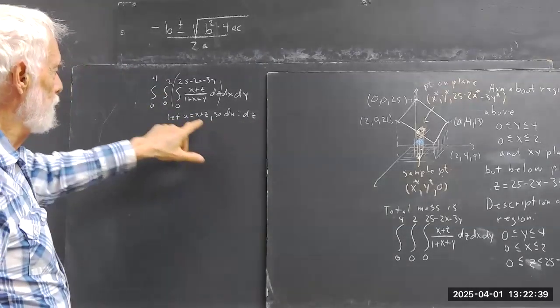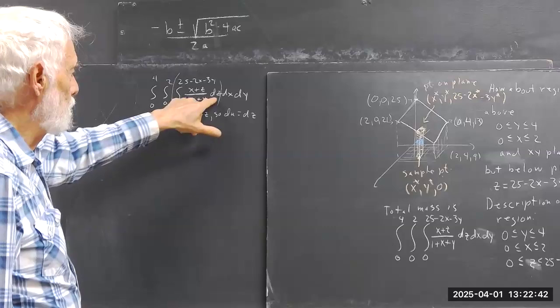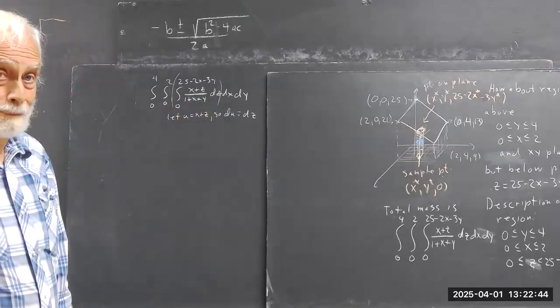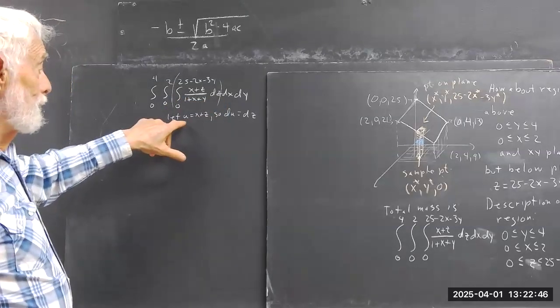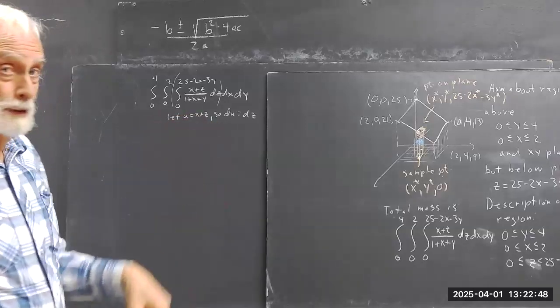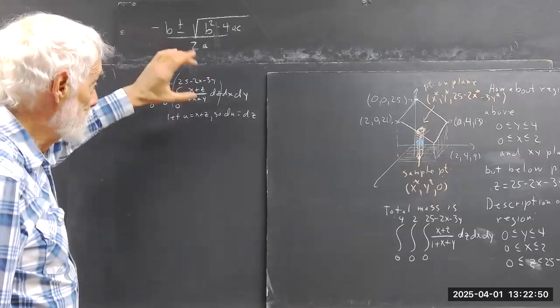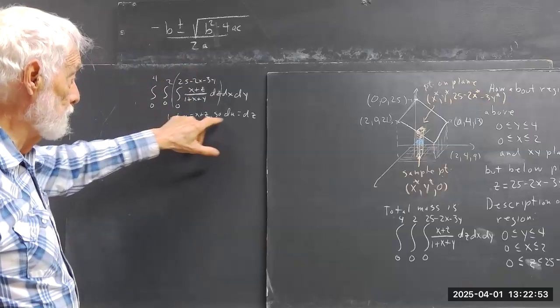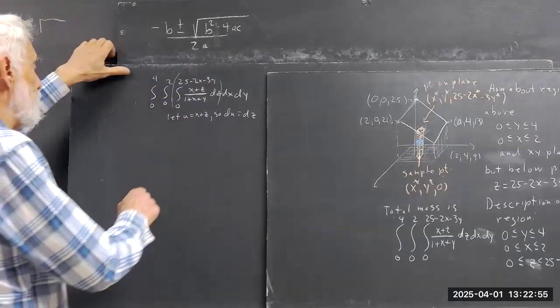Say du equals dz. We treat x as a constant when we do the integral with respect to z. Okay, so ordinarily the du would be dx plus dz. But since x is being regarded as a constant, it's just plain old dz.